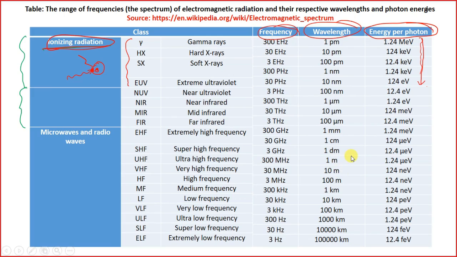Then we come to the near ultraviolet, near infrared, mid infrared, far infrared. This region is not ionizing, and then we have the microwaves and the radio waves frequencies.